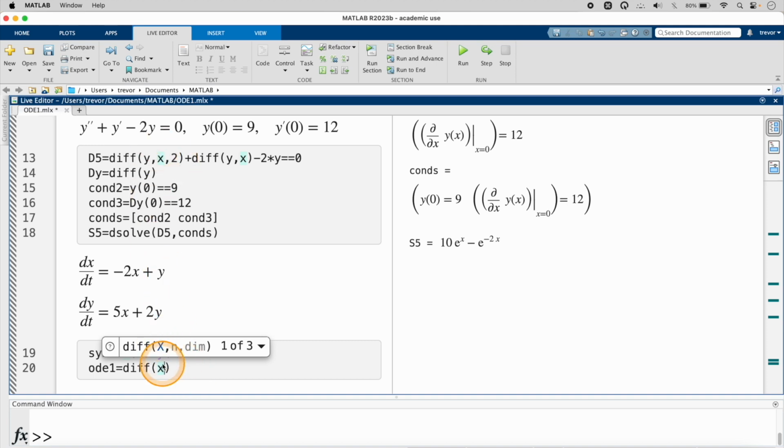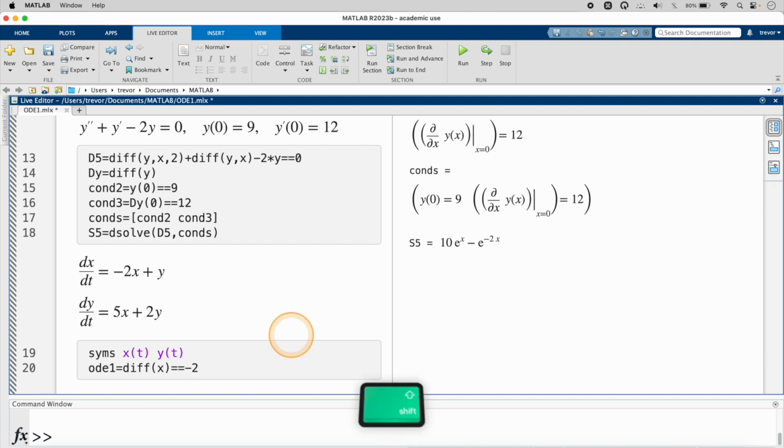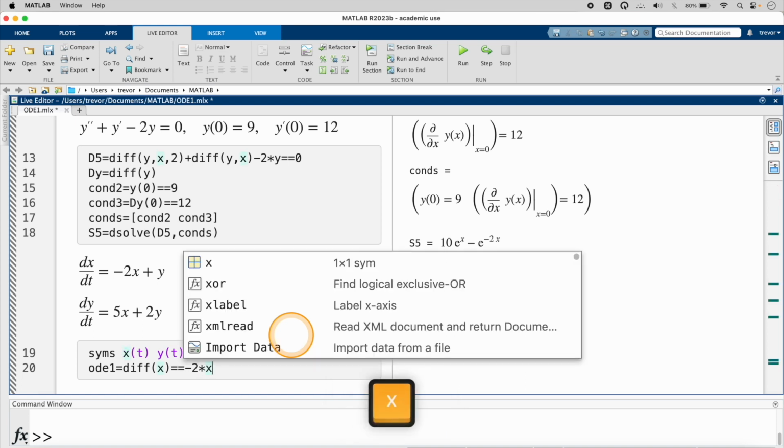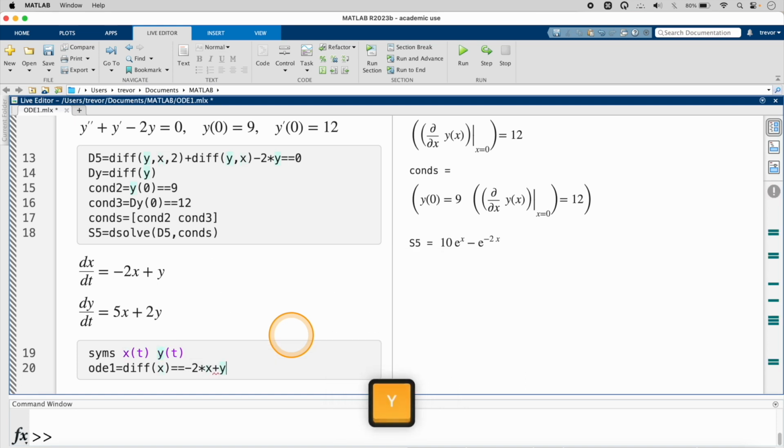Because if you don't say with respect to what, MATLAB takes t as the default independent variable. So it's the derivative of x with respect to t. We'll define the equation by double equal signs. So it will be minus 2 multiplied by x, then plus y. So that's the first ODE there.